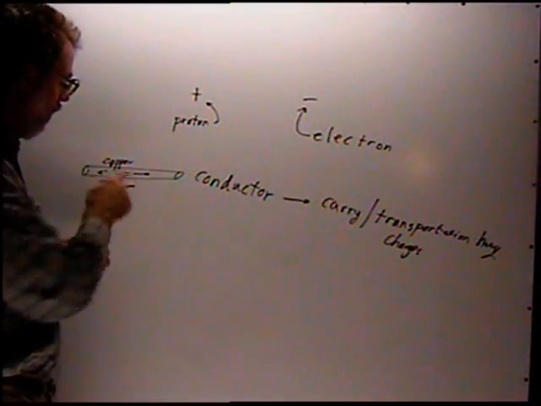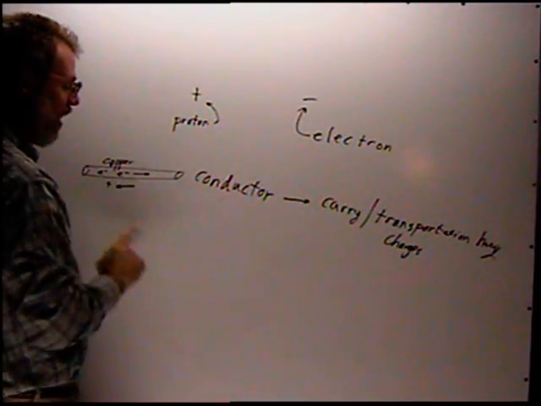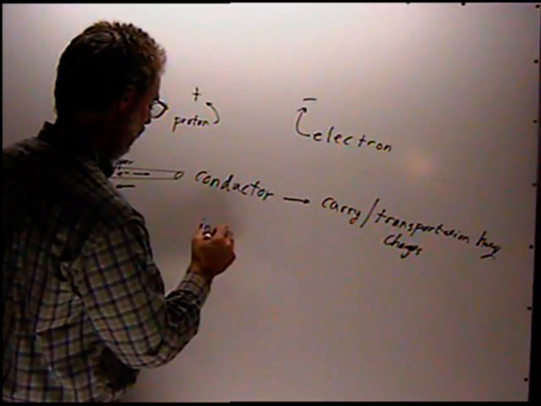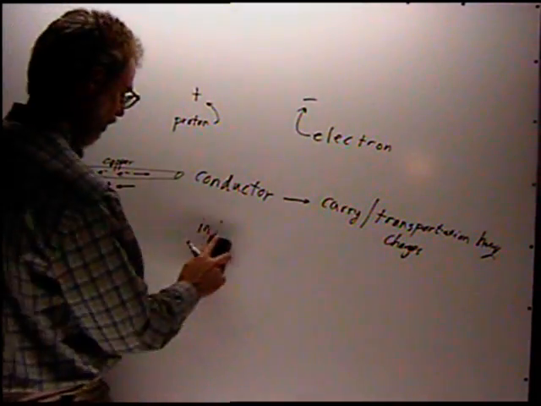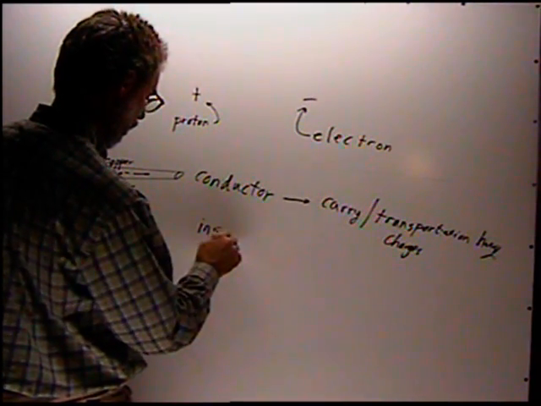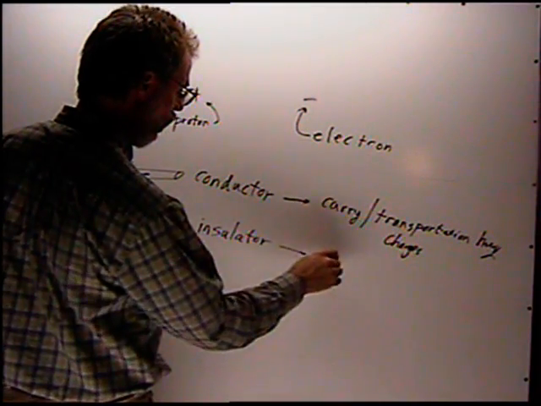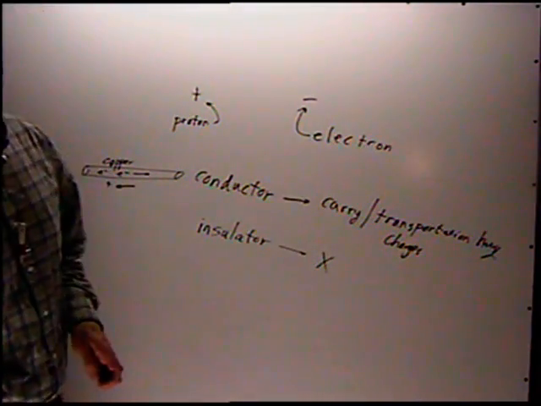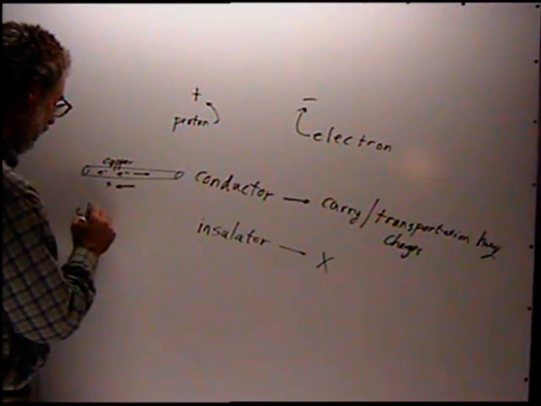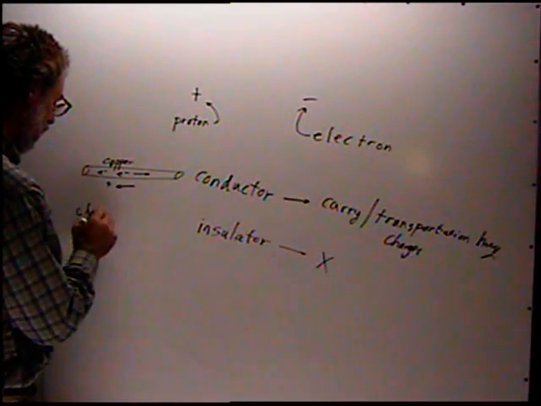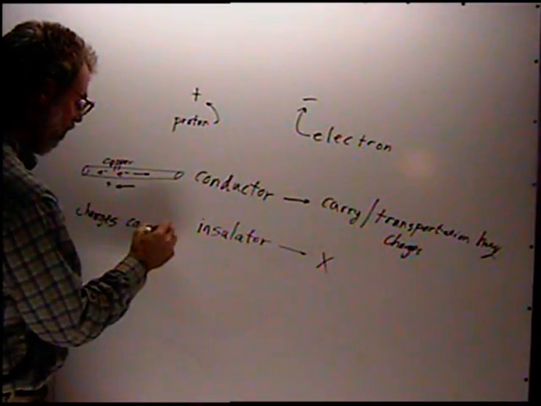So a conductor is something that allows charges to move back and forth, and an insulator is something that will not do that. An insulator is something that charges cannot flow through.